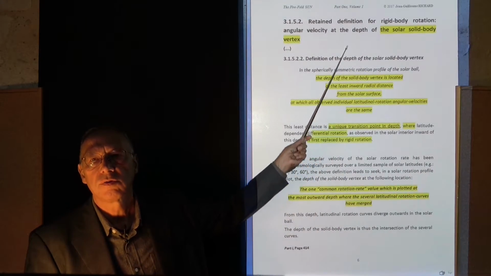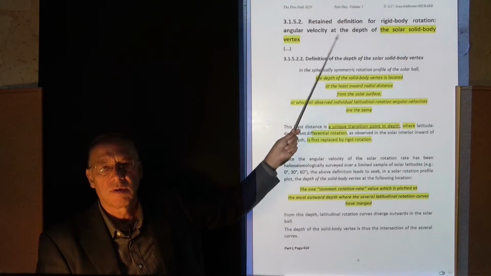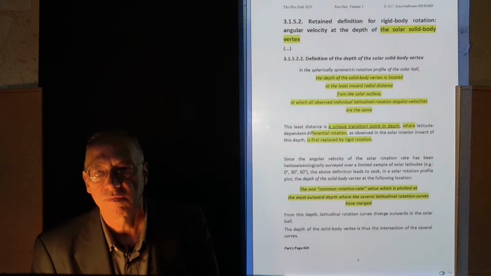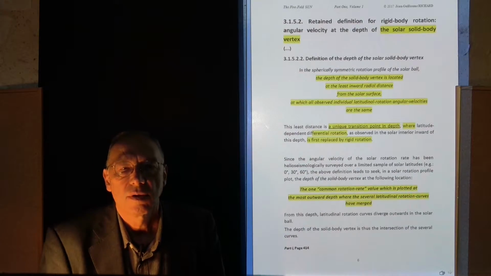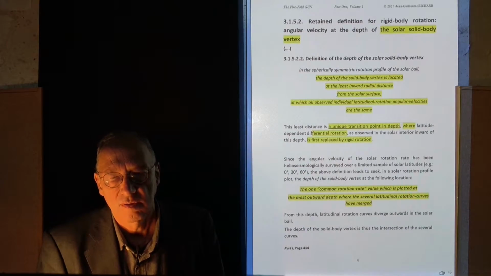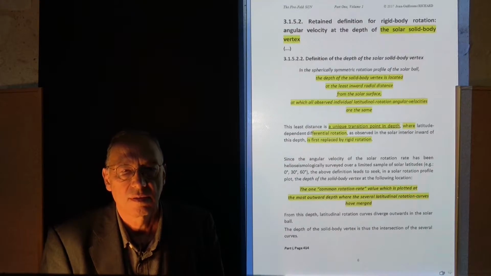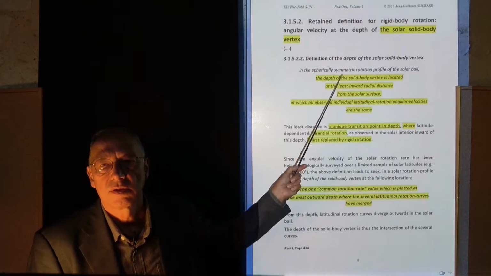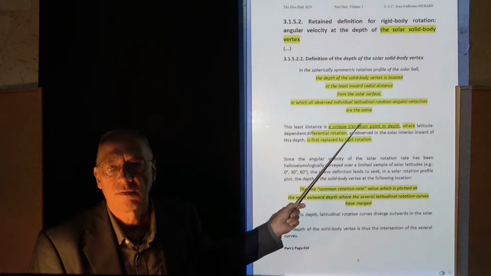Now we turn to the original procedure that is also proposed in the Fivefold Sun to arrive at a determination of a rigid body rotation rate in the solar interior. This definition is new, is an innovation.